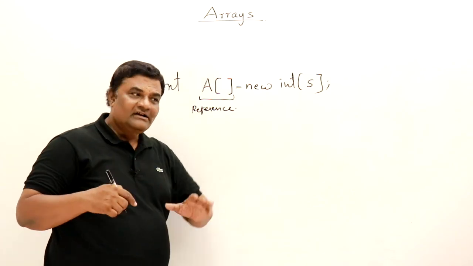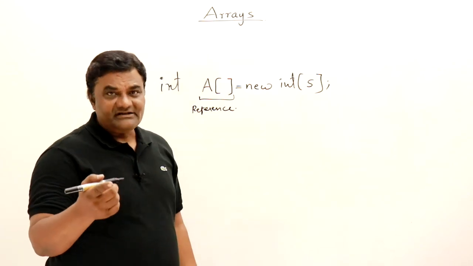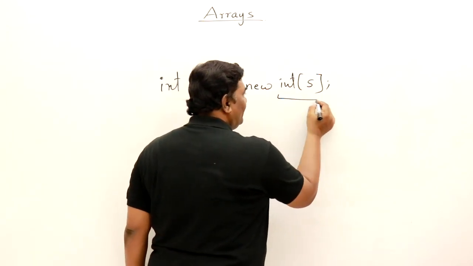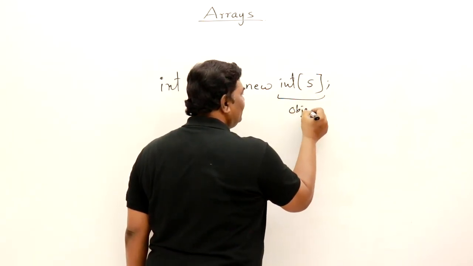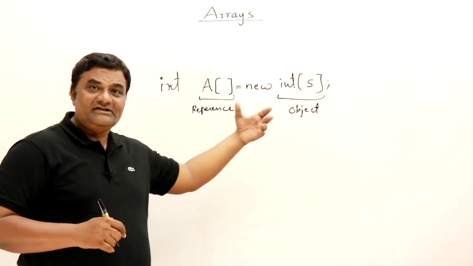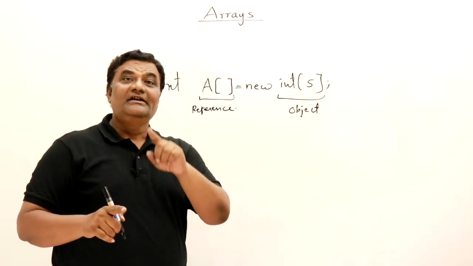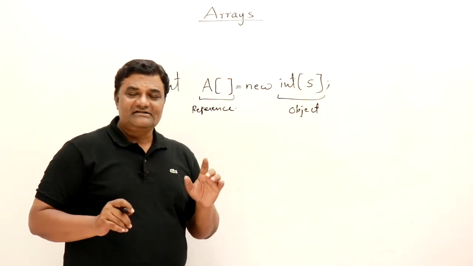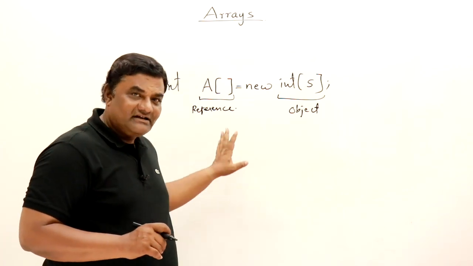Now when I say reference, what is the other side? It's an object. Yes, in Java, every array is an object. We call it an object. And whenever we say new, an object is created, and that too it is created in heap. So yes, every array in Java is created in heap, and this is the reference.